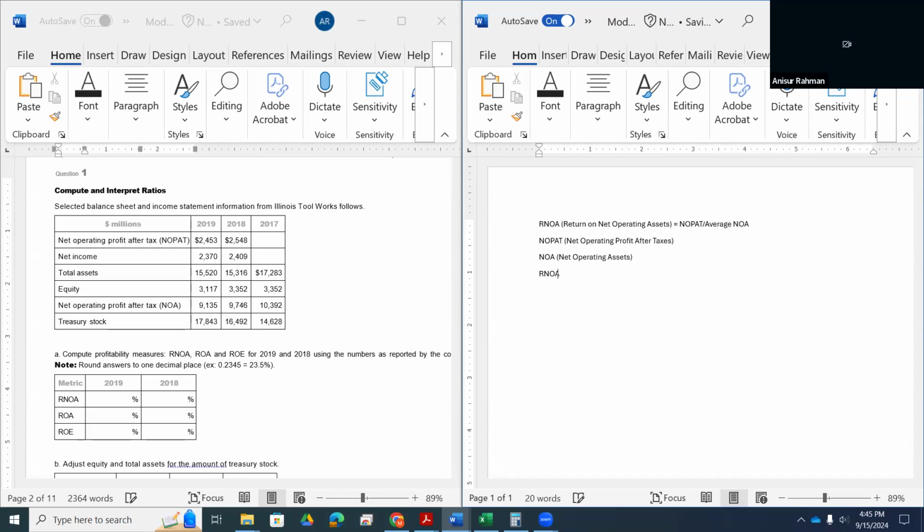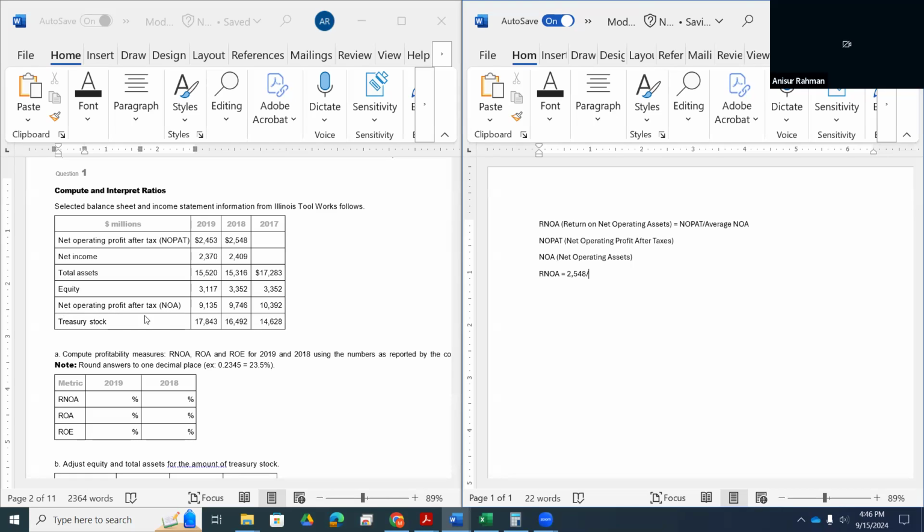So RNOA, return on net operating assets, is equal to our NOPAT for 2018, which is 2,548, divided by our average net operating assets.